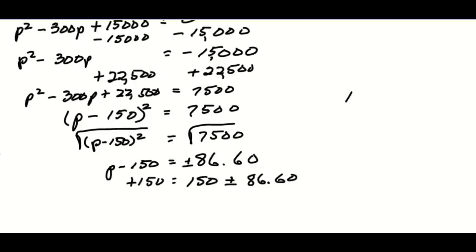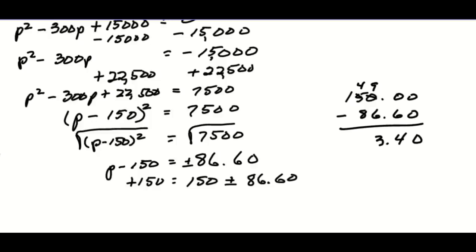But if we take 150 and then we subtract 86.60, what we'll come up with is 63.40. And so P, the equilibrium price, happens to be $63.40. And there you have it.